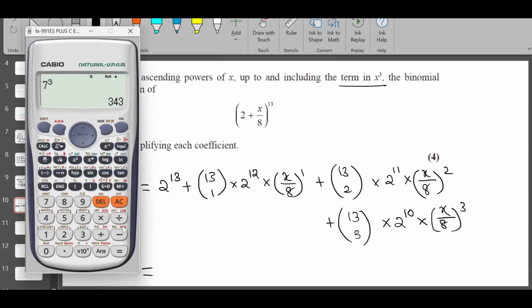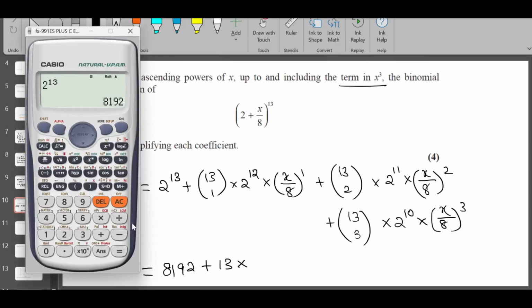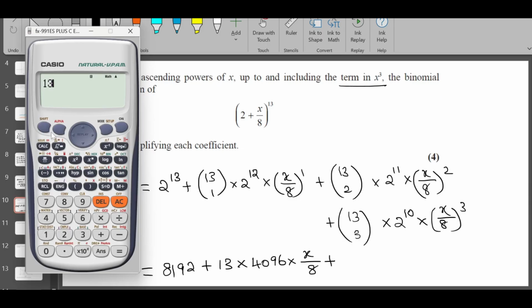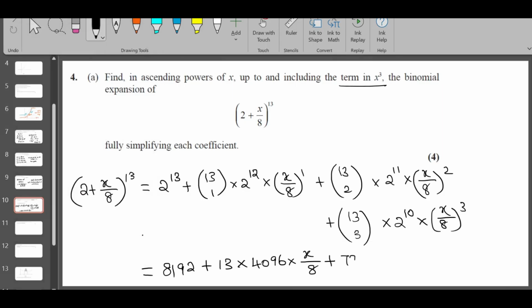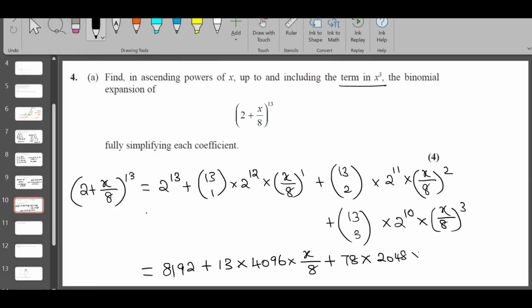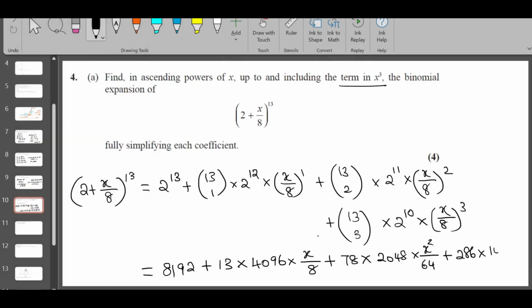Now we need to carefully expand it. 2 to the power 13 is 8192 plus 13C1 is 13 times 2 to the power 12, which is 4096, times x over 8, plus 13C2 is 78 times 2 to the power 11, which is 2048, times x square over 64, plus 13C3, 286 times 2 to the power 10, that's 1024, times x cube over 8 cube.